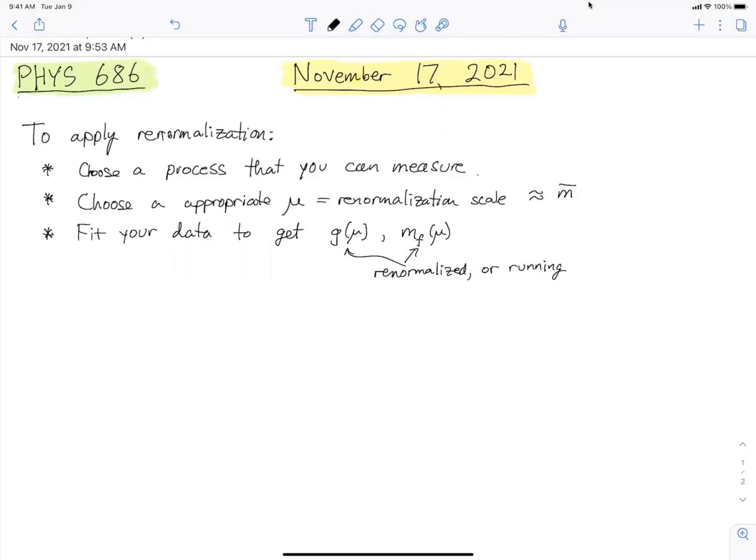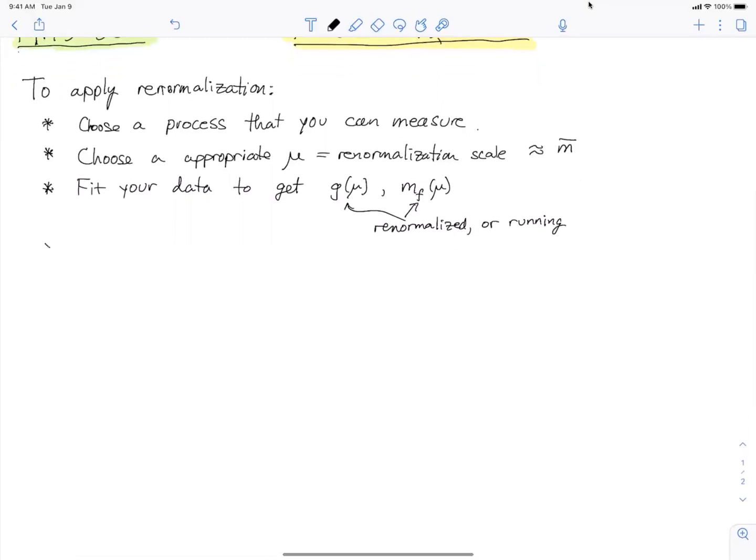Okay, and then you get to predict results for other experiments. Okay, and then you repeat as needed.